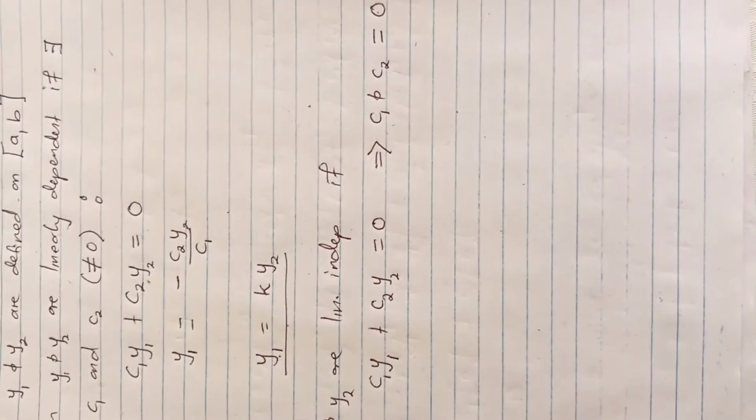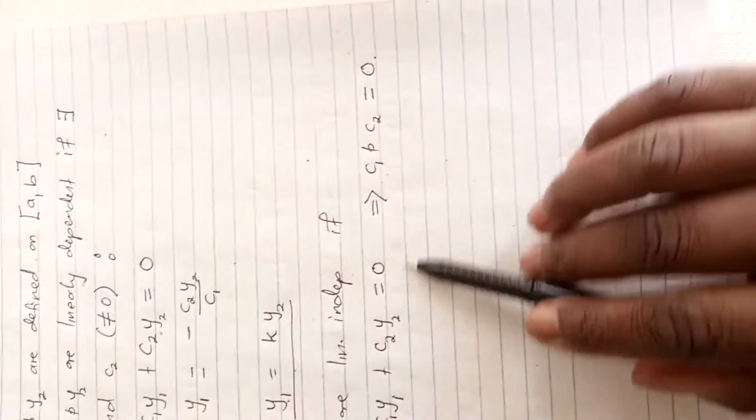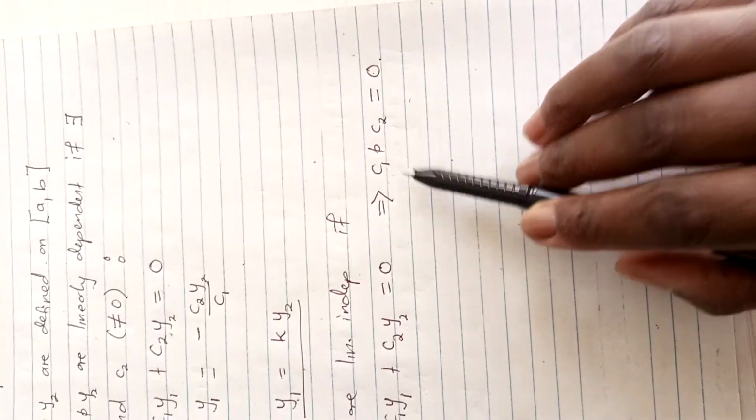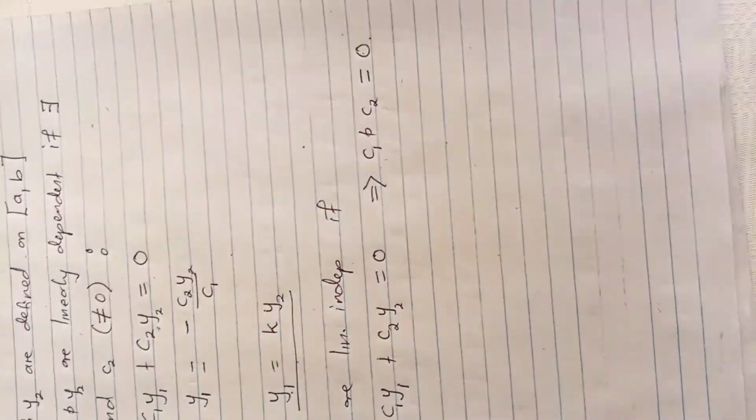So for us to have this, C1 and C2 are zeros.